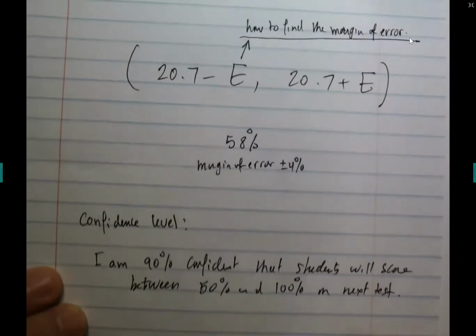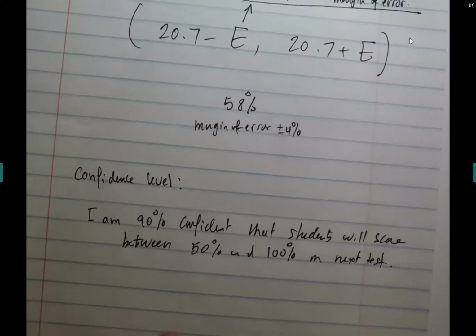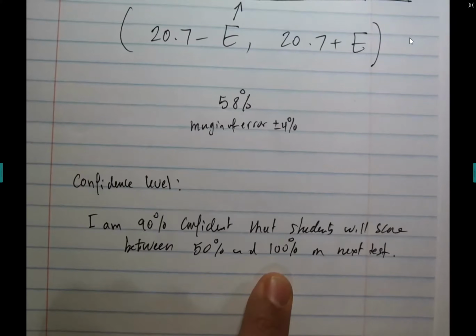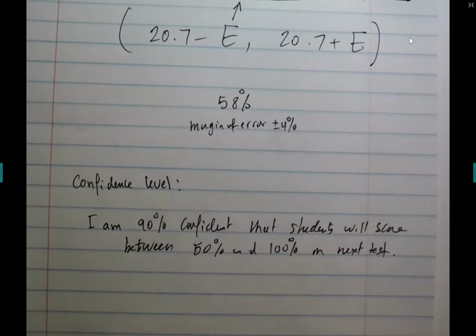Based on what I saw on the first test, most students score in the range of 50 to 100%. I can make this statement, guys, and say that I'm 90% confident, not 100% confident. Because once I say I'm 100% confident, I'm telling you this is going to happen for sure. When I say 90% confident, I'm allowing a 10% chance of error to happen. So I'm not 100% sure.